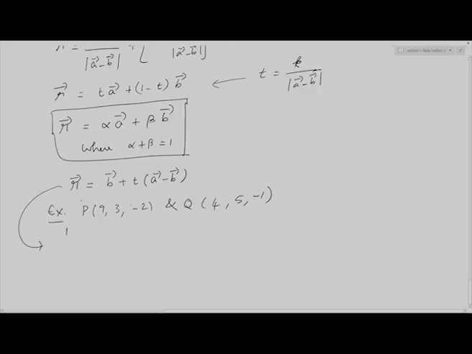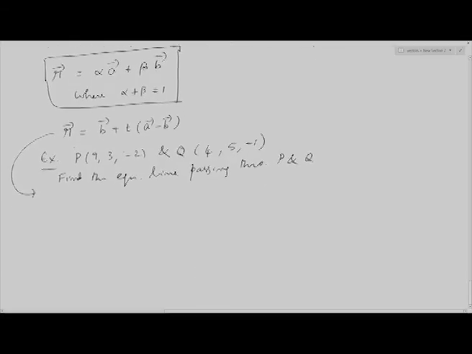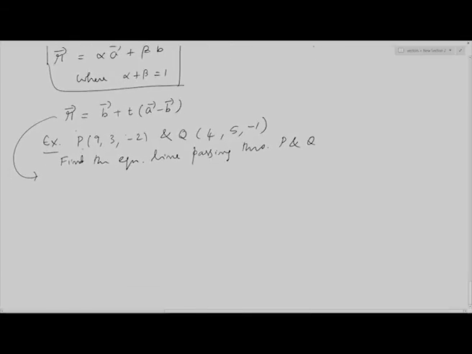The problem is: find the equation of the line passing through P and Q. So we know the vector A. The vector A is OP, that is 9i plus 3j minus 2k. Similarly we have it for the point Q.